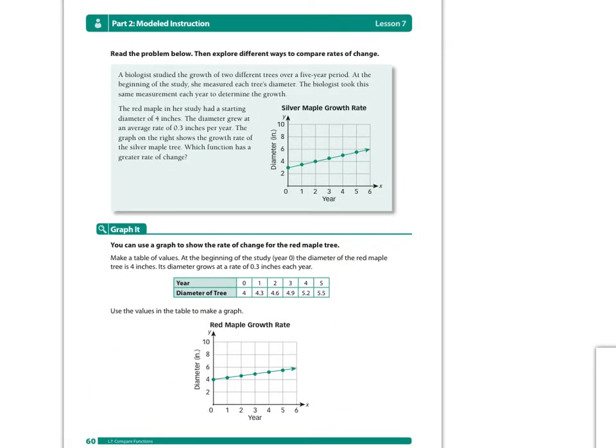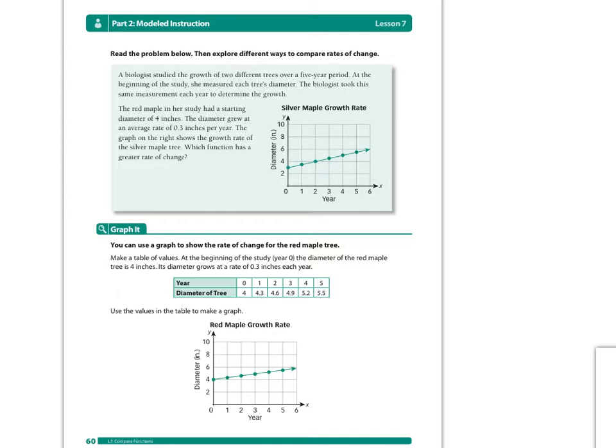Again, if you need to pause it and read this problem, you can. We're going to be talking about 2 different kinds of maple trees. We got a silver maple tree, and we see the graph for that one right here. Whoa. All right. Then we also have the red maple tree.